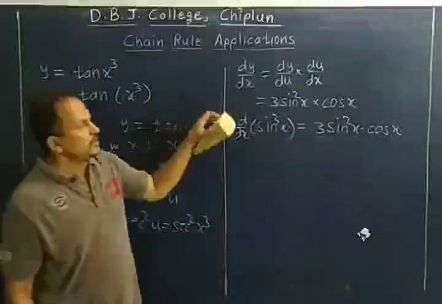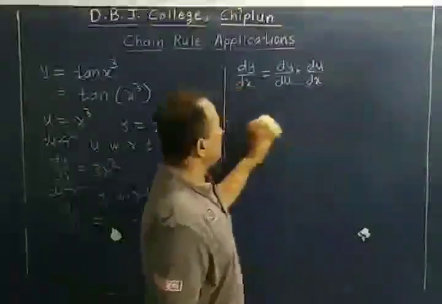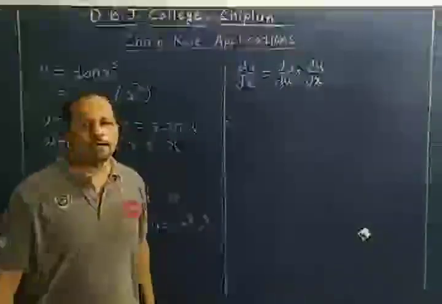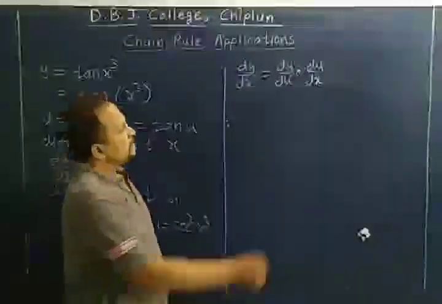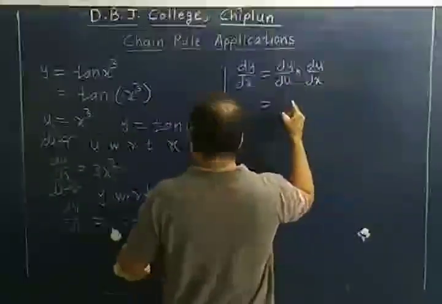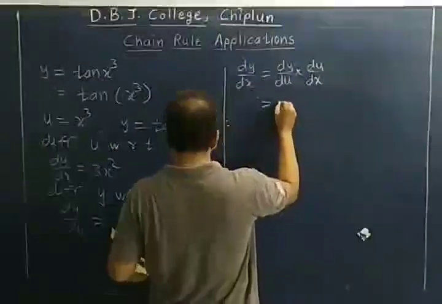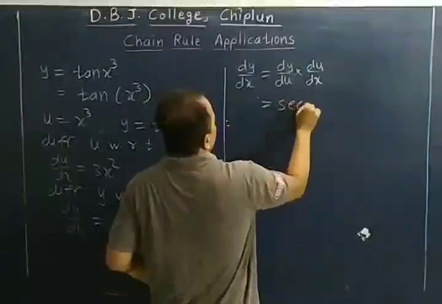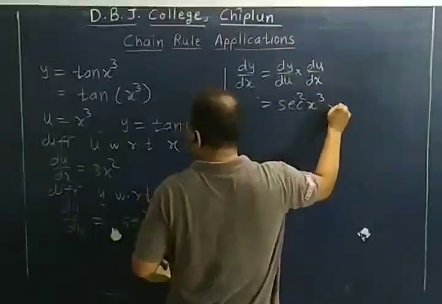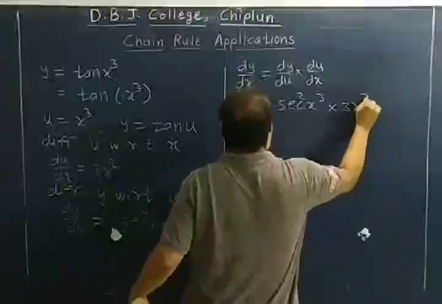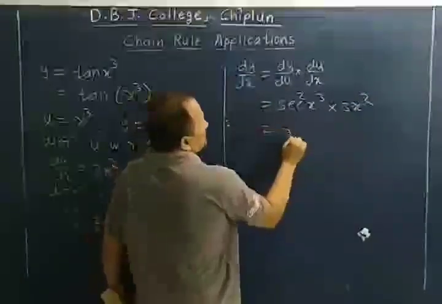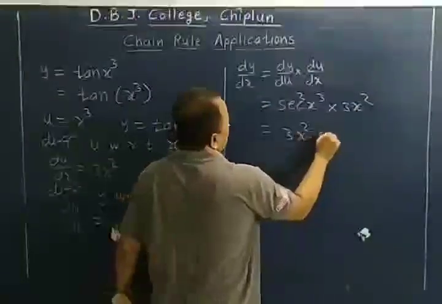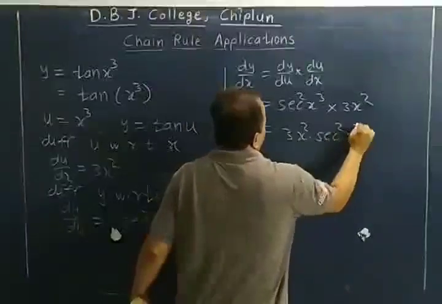Now again dy by dx is dy by du into du by dx. Therefore dy by dx is equal to sec square x cube multiplied by 3x square, that is 3x square into sec square x cube.